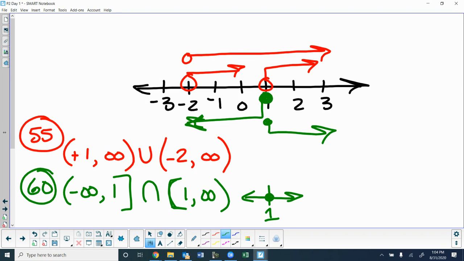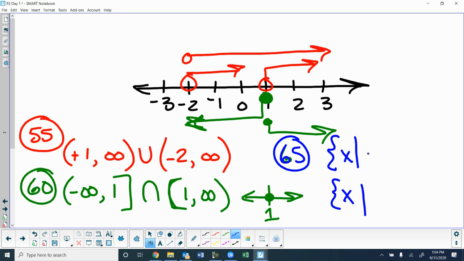And then 65 was in, let's change colors, was in set builder notation. So remember, it always starts like that. And I think it was x is less than what, 3? Do you remember right? -3 and 2.